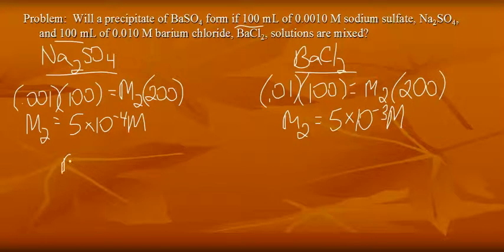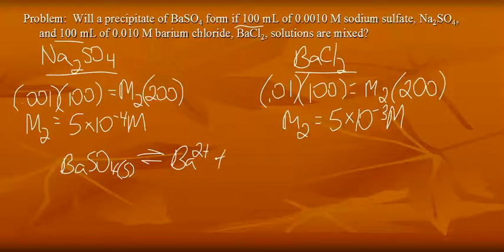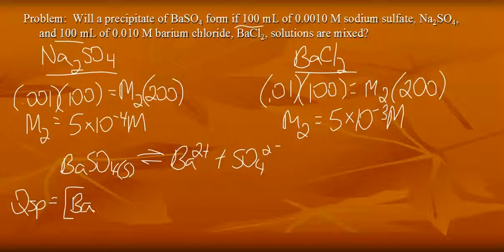I want to know whether or not a precipitate of barium sulfate will form. So my equation is barium sulfate breaks apart into its ions, barium plus sulfate. And I'm going to solve for QSP. QSP is equal to the concentration of barium ions times sulfate ions.